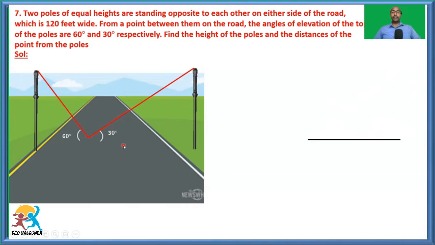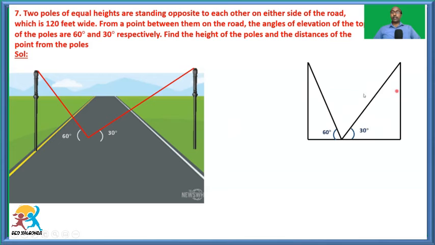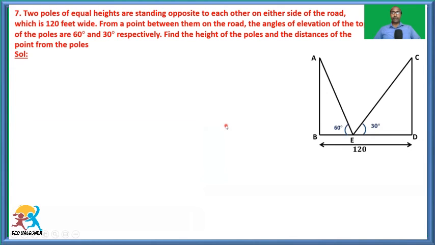Okay, so draw the picture. Poles are of equal height here. So A, B, C, D are the heights of the poles. E is the point of observation.